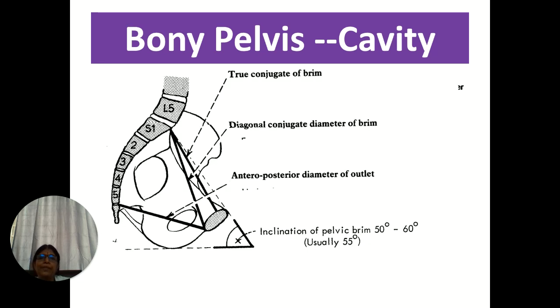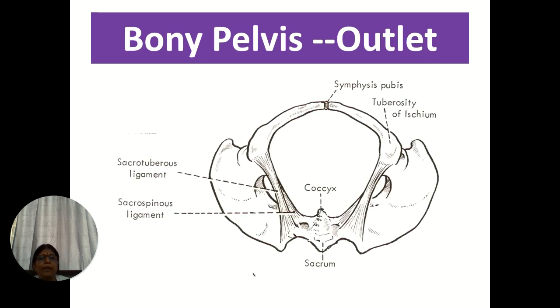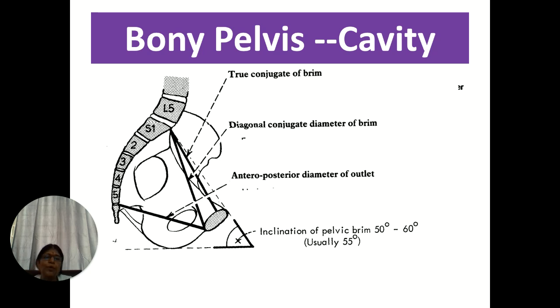So far we have talked about the boundaries. Now coming to the measurements, the antero-posterior diameter, AP diameter at the plane of least pelvic dimensions is around 11 centimeters, whereas the transverse diameter at the plane of least pelvic dimensions is only 10 centimeters.